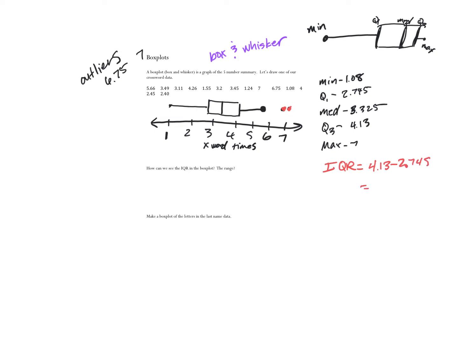And we got an answer. Yes? Yeah. I don't remember what it was. You get 1.385. So my question for you guys is, how can we see that 1.385 on the box plot itself?